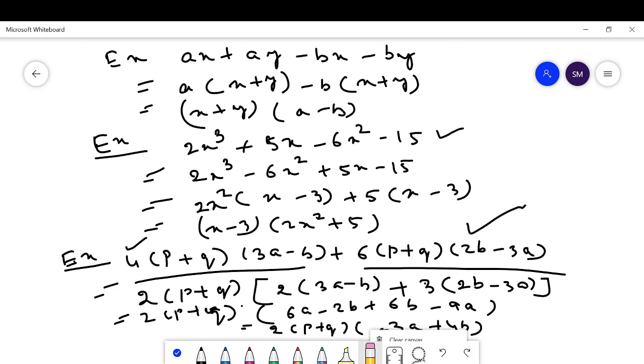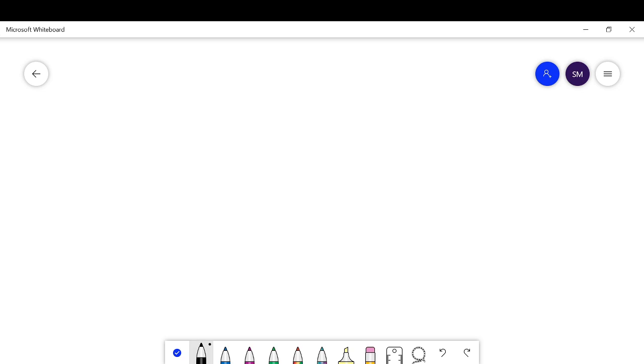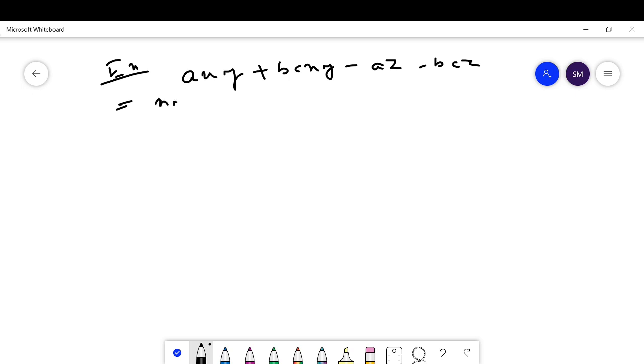Okay. Then solve another question. Here the question is asked. The algebraic expression is axy plus bcxy minus az minus bcz. Then in these first two terms you may take common xy.